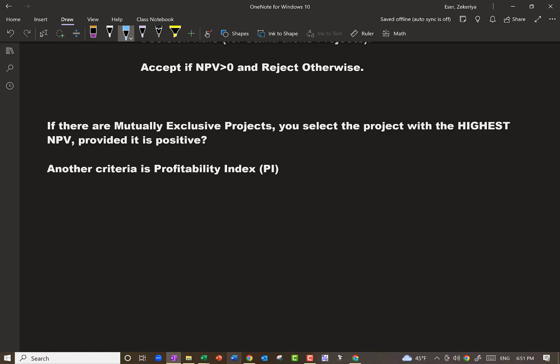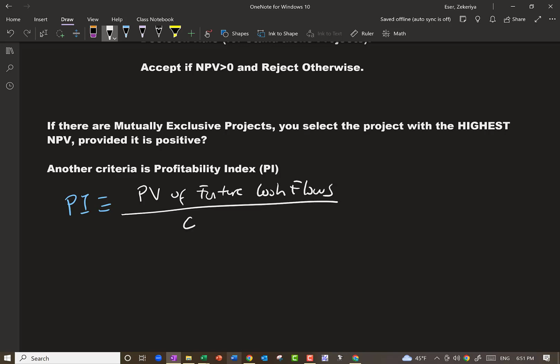Present value of future cash flows divided by cost of project. Okay?